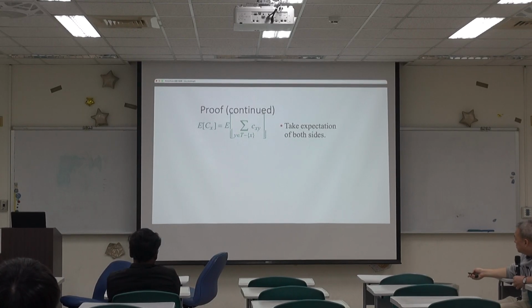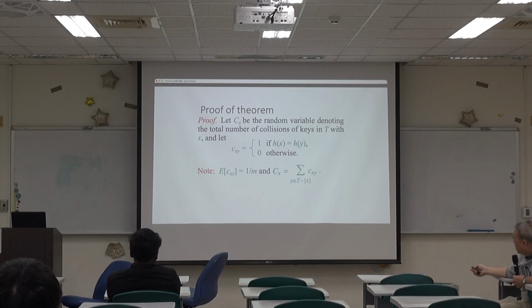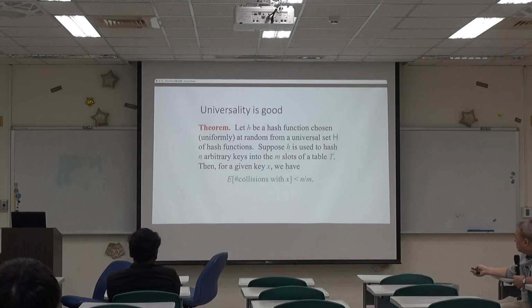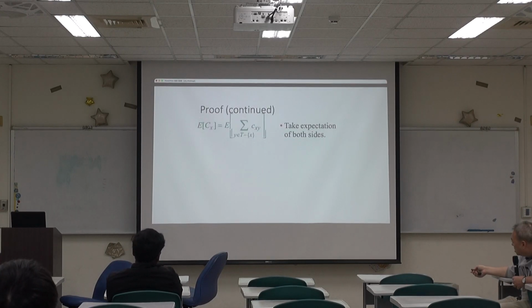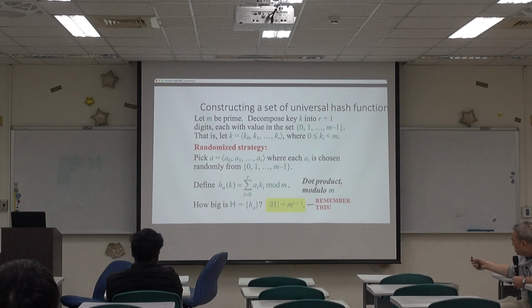You see that this is smaller than n divided by n, because the result is n minus 1 over n, right?